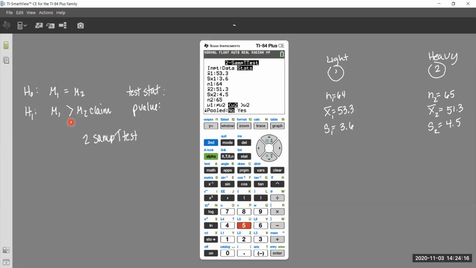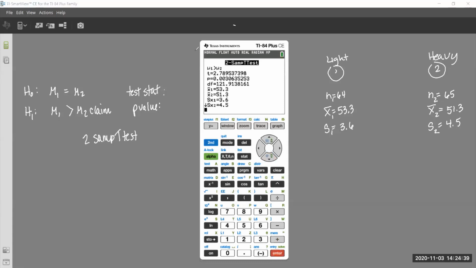Our symbol here is a greater than symbol. Oops, there we go, lock it in. Then remember we talked about pooled: we're always going to say no. And now we calculate.